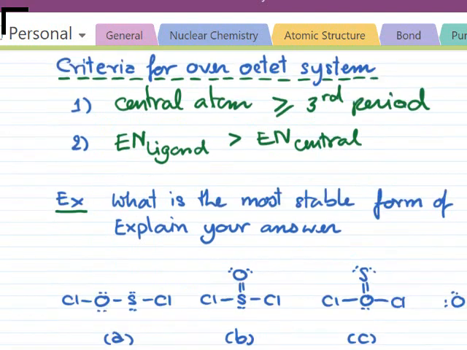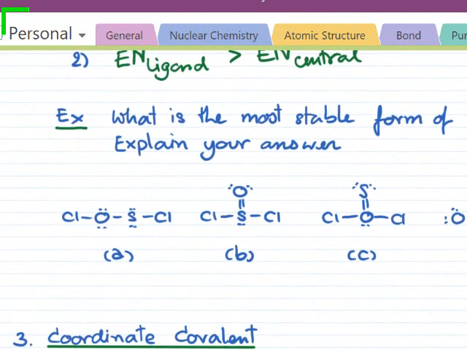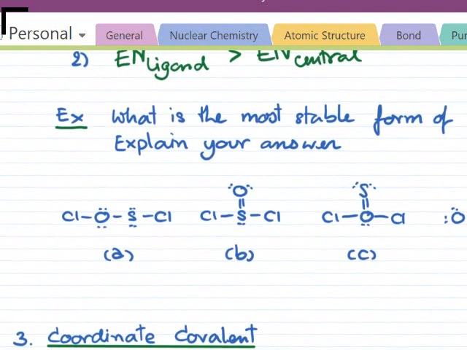Now we're going to look at the third type of covalent bonding, coordinate covalent bond. So look at this structure. We have here carbon monoxide. Normally your carbon contains 4 electrons and your oxygen contains 6 electrons.